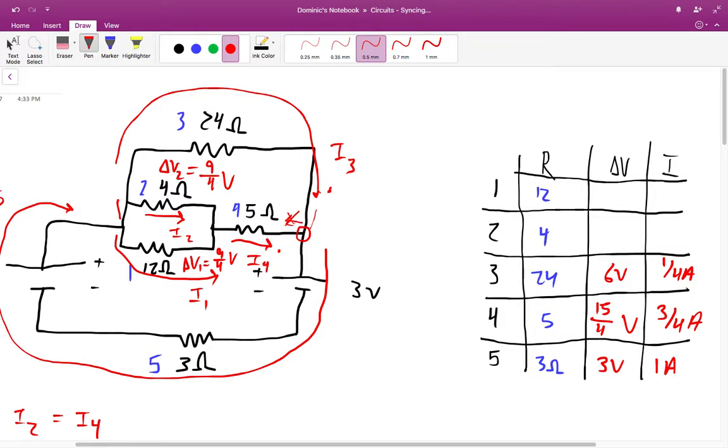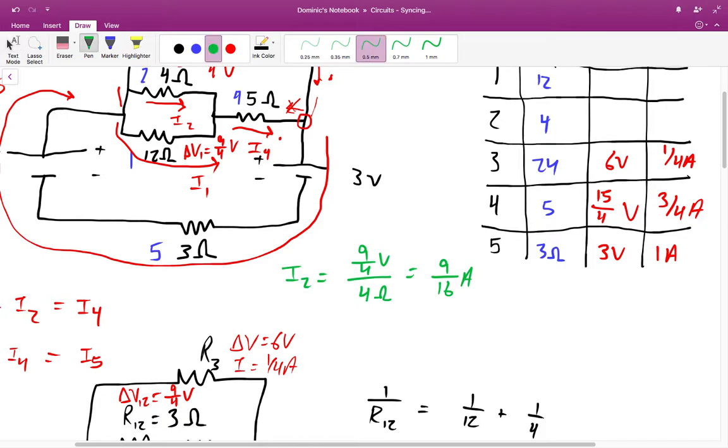So to figure out current, we know the resistance, we know the voltage, we can figure that out. So I'm going to do that down here. Everything's getting kind of cluttered. So I2 is going to equal delta V over R, so we have 9 over 4 volts divided by the resistor, which is 4 ohms, and so we're going to get 9 over 16 amps.